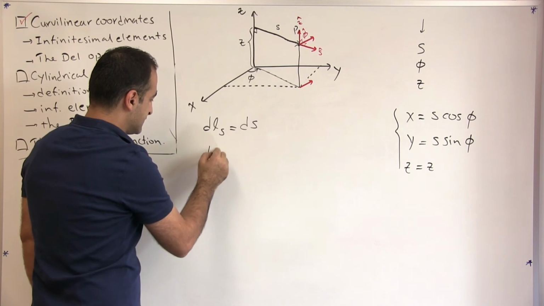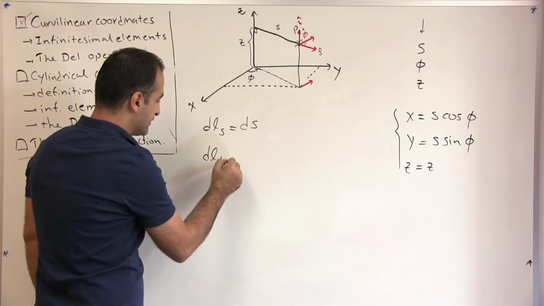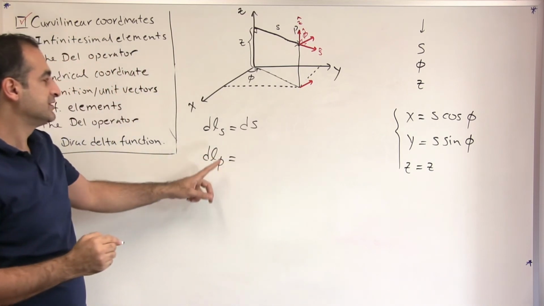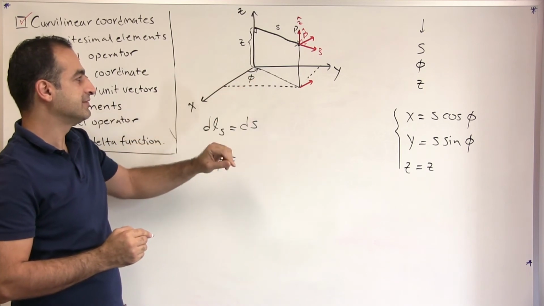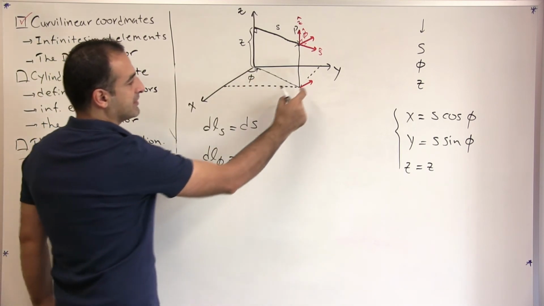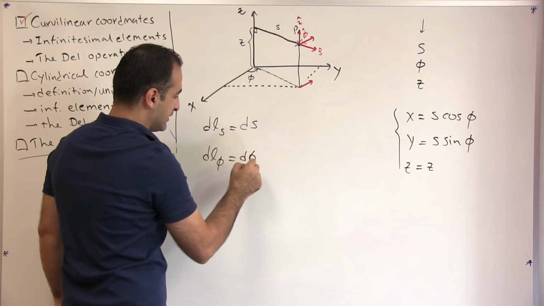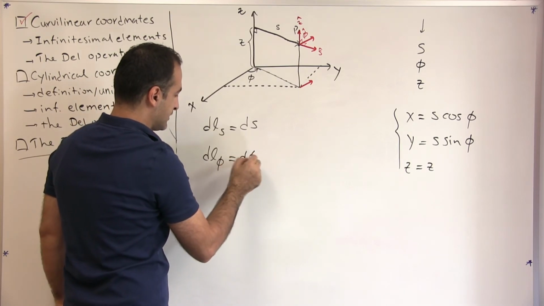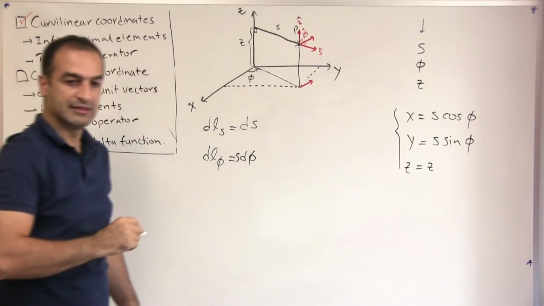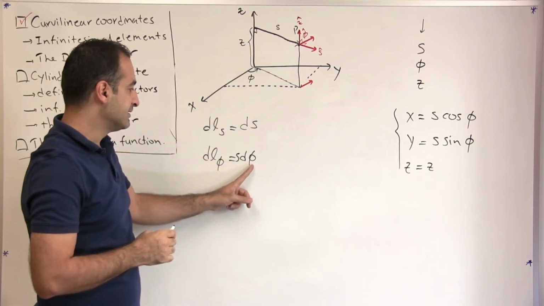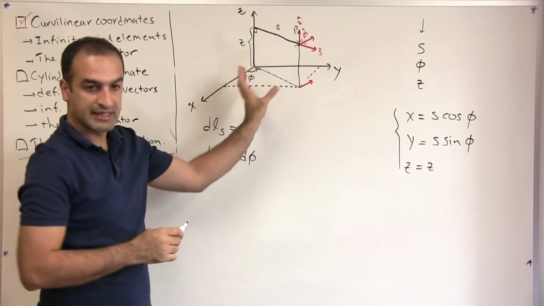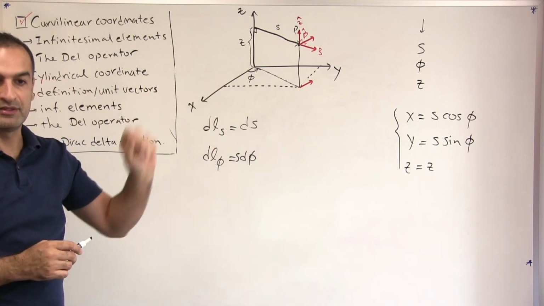Now, if we change phi a little bit, from phi to phi plus d phi, we will have a displacement in this direction. The amount of displacement is going to be s d phi, right? So d phi itself is an angle, but if we multiply by s, that tells us the amount of move.